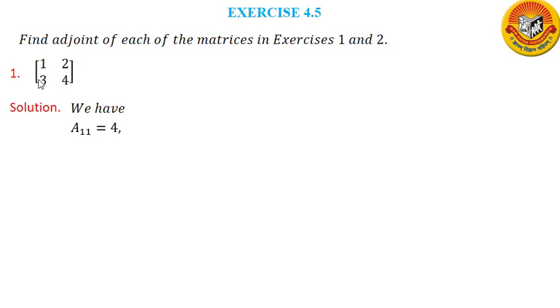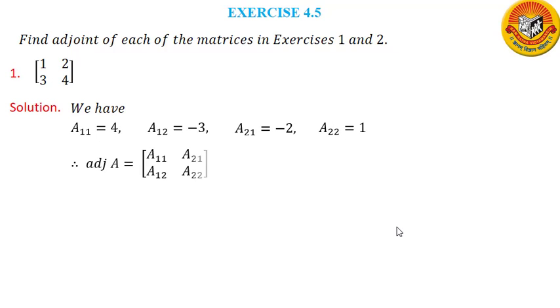Now I have to remove the row and column in which small a11 lies. So if I remove, I will get 4, and sign before that is plus, so it is plus 4. Similarly a12 is minus 3, a21 is minus 2. Why? Because I am removing the second row and first column and using minus sign because this 2 plus 1 is 3, and writing this element, and a22 is 1, right?